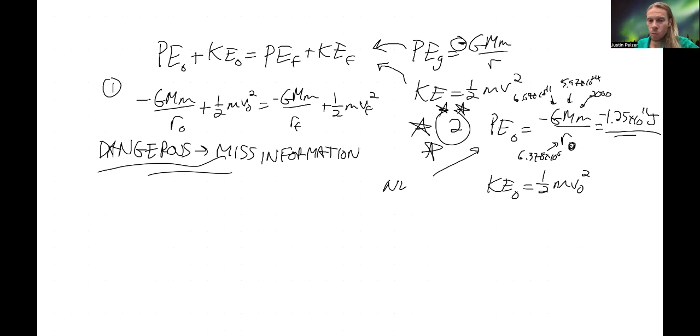Conceptually, do you see why we're missing information if we do it the first way? We're not looking at it one piece at a time. You're just plugging it all into a calculator. Here, I'm looking at it conceptually: we need this amount to escape.